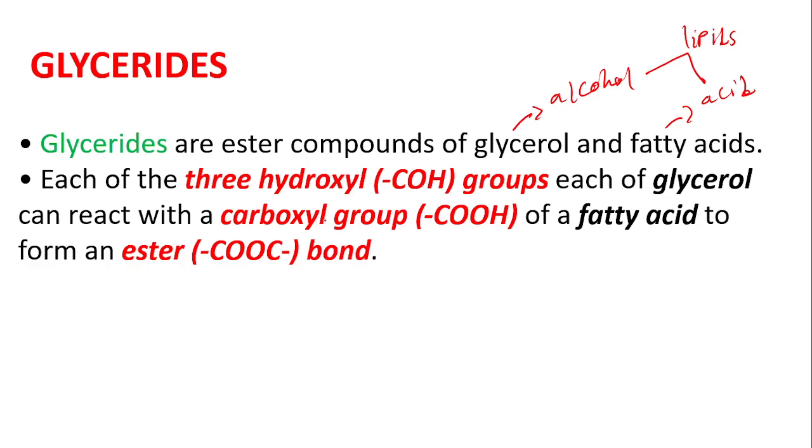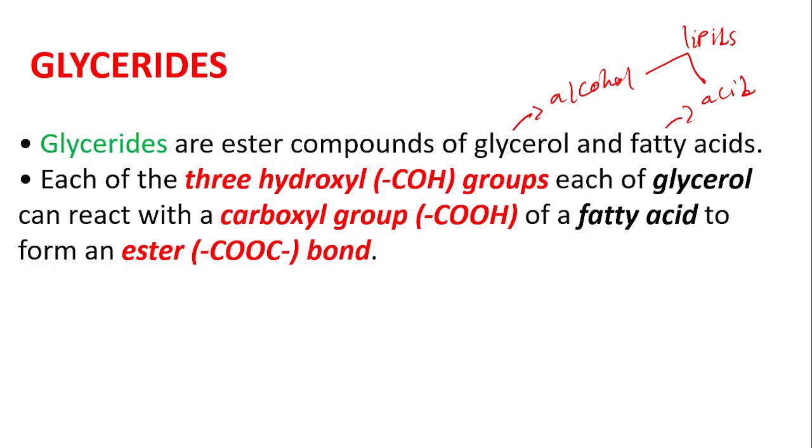So the carboxyl group is reacting with the hydroxyl group. The carboxyl group is found on the head of the fat acid, and the hydroxyl group is found on the glycerol, which is an organic alcohol. And the bond which is formed between the hydroxyl group of glycerol and the carboxyl group of fat acid is known as the ester bond.